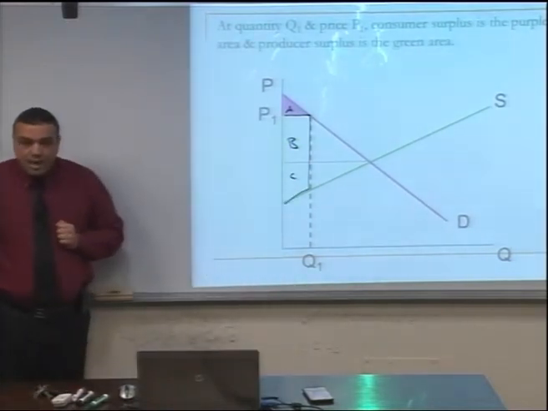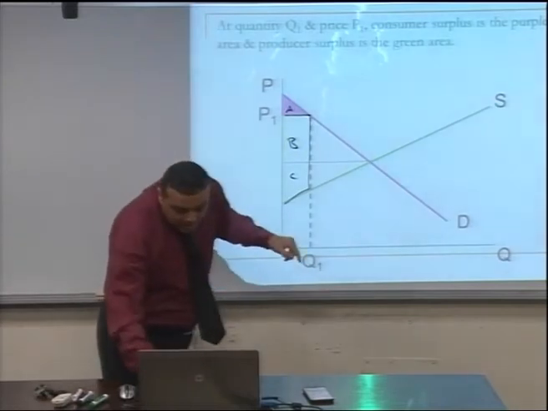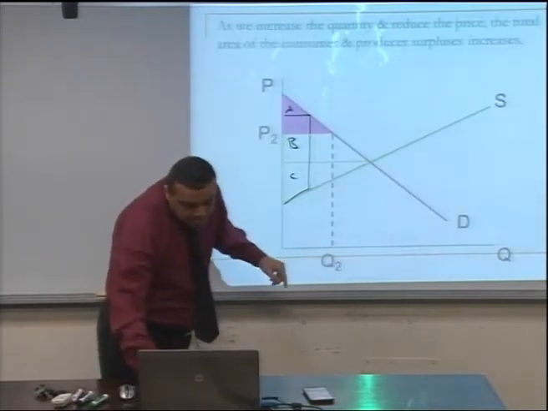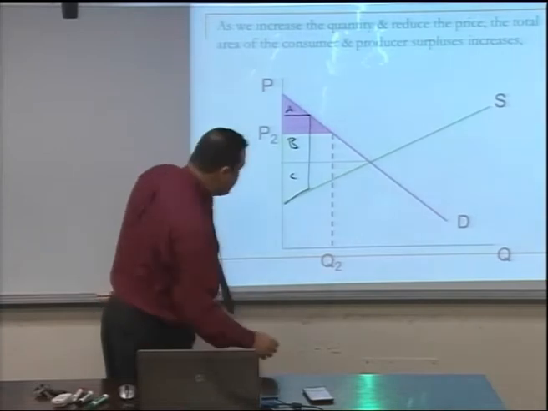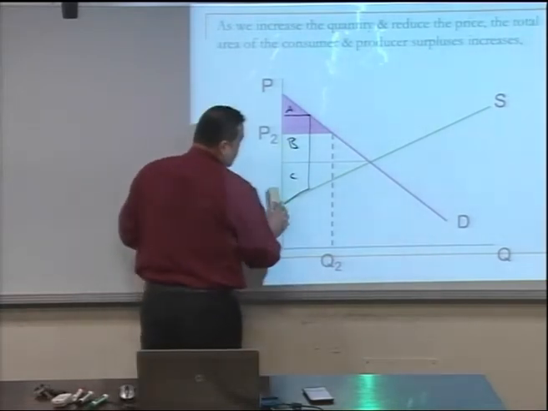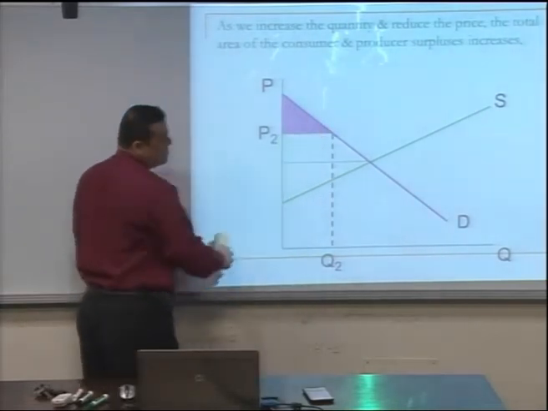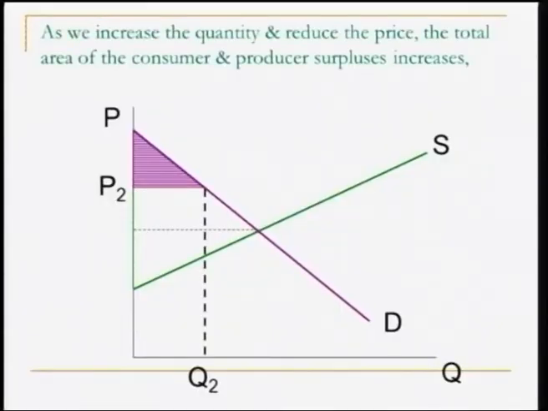Okay? As the quantity here increased and the price goes down here, what do you see? The consumer surplus increases and the producer surplus increases as well.